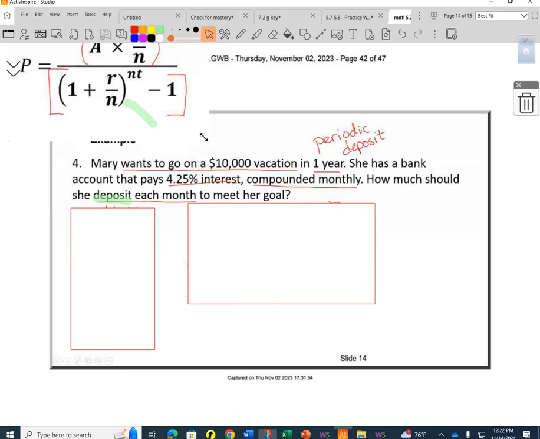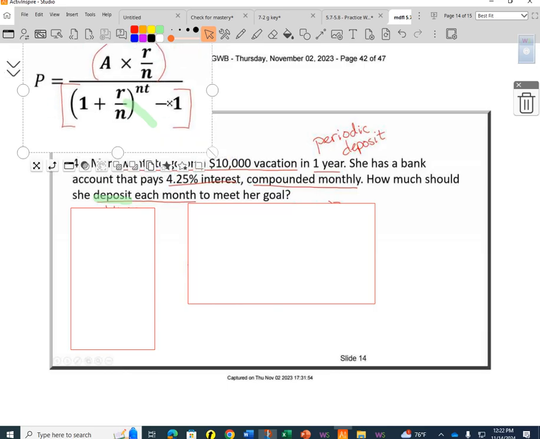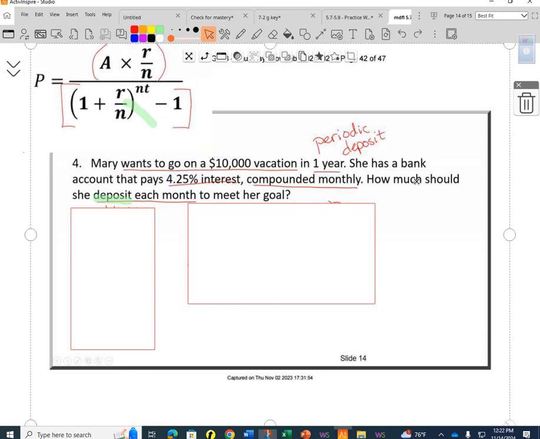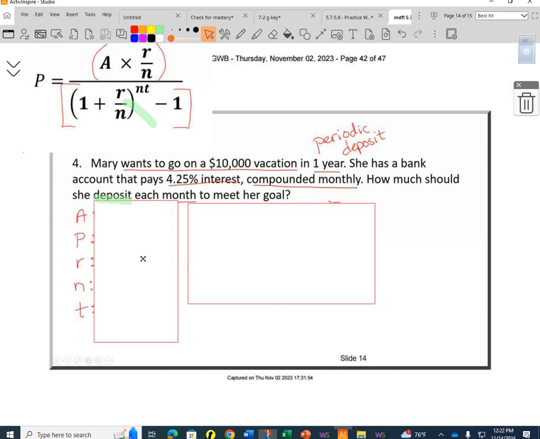So go ahead and identify the variables that we want to plug in. Oh, did we finish reading it? Yeah, we did. So go ahead and identify your A, P, R, N, and T. We know it's a periodic deposit. She's going to deposit each month.